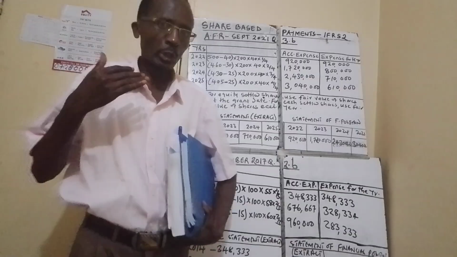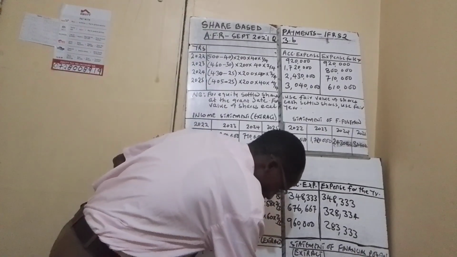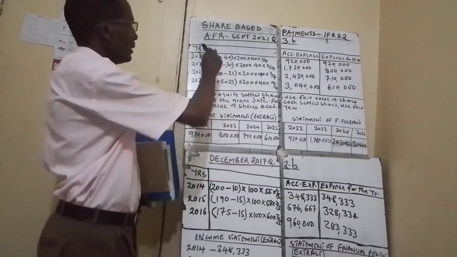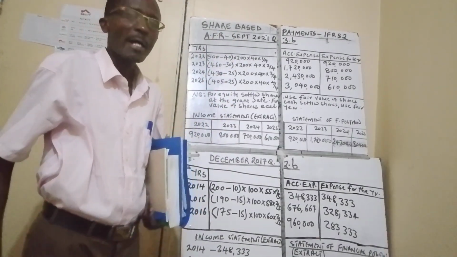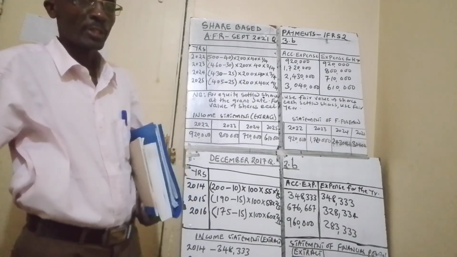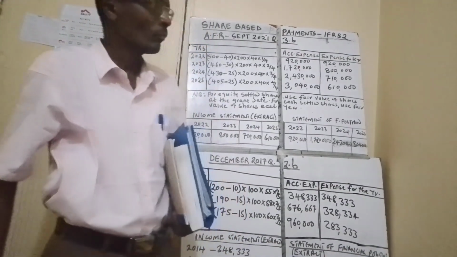Then we do some examples. So you can see from this side, we are taking share-based payments, that is IFRS 2, International Financial Reporting Standard number 2.